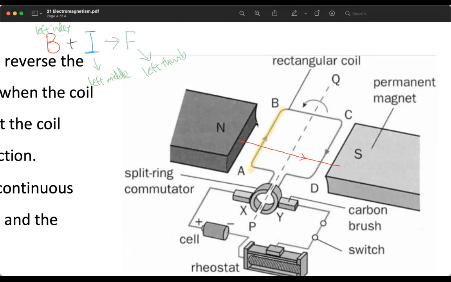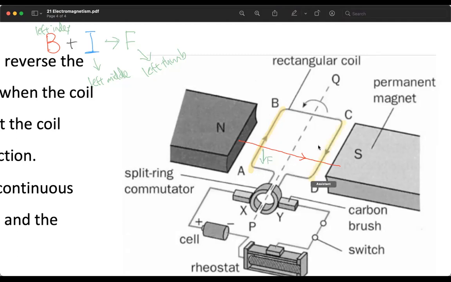So the force will be going upwards or going downwards. Very good. So all of you agree you have a downward force. Is that clear?